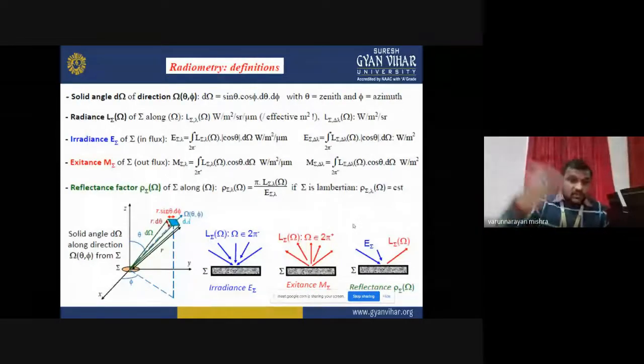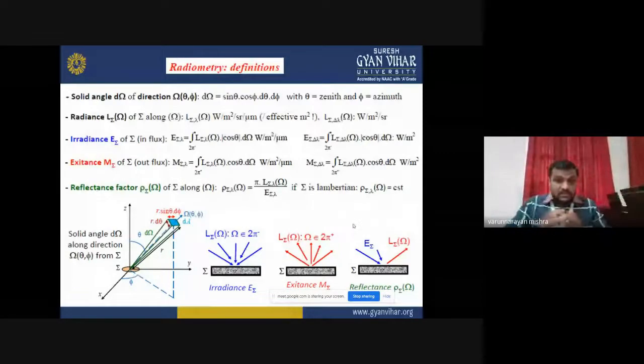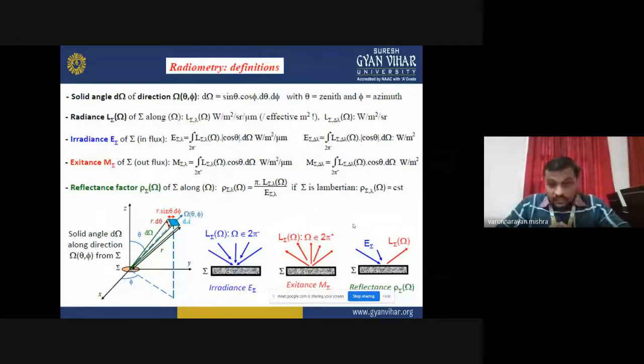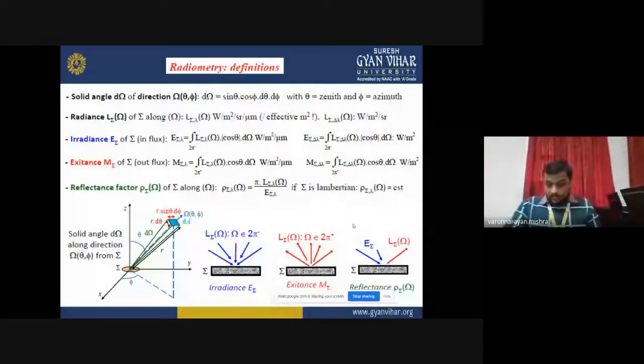Irradiance is the amount of energy reaching the Earth's surface from all directions. And the reflectance factor is also very important: how much energy can be reflected by the Earth's surface at a certain angle. Irradiance, exitance, and reflectance, these three terms are very important for the remote sensing process.